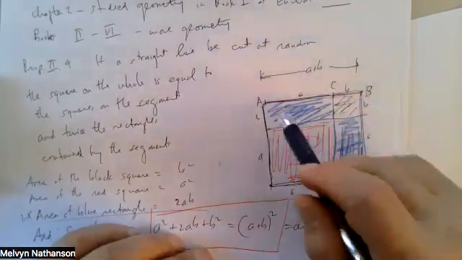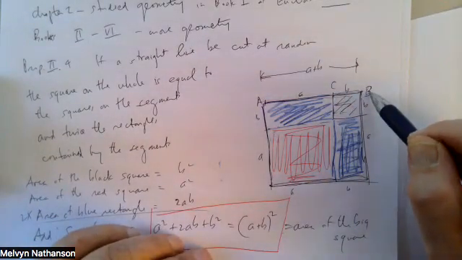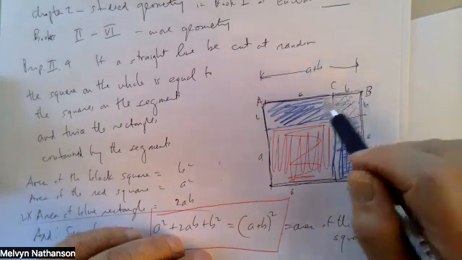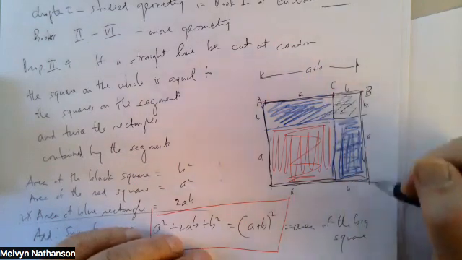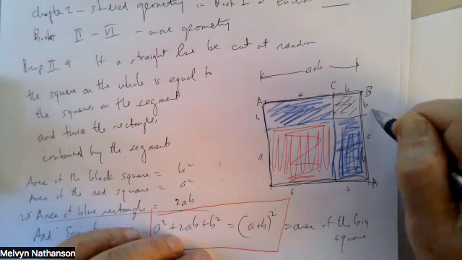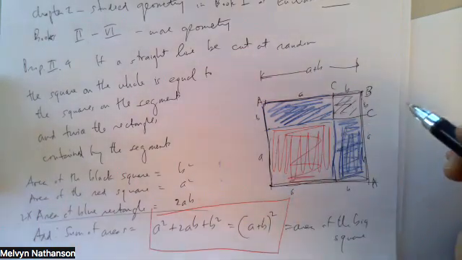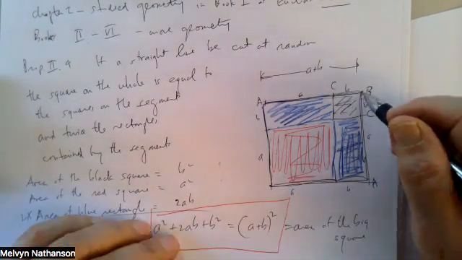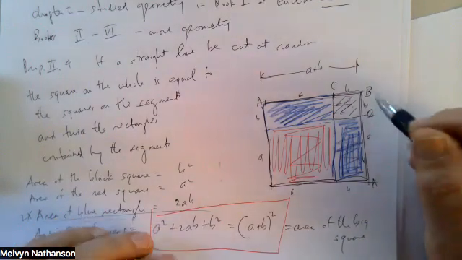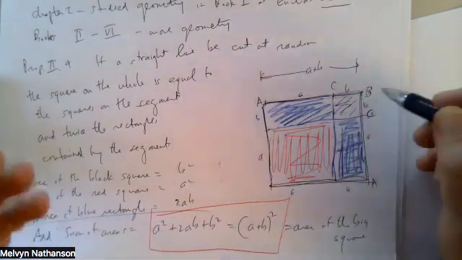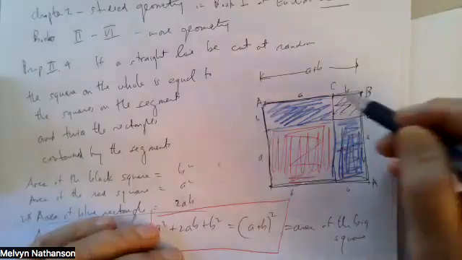So if the line segment AB is divided into two pieces by the point C, you do the same thing on each side. Because the total length of each side is the same, it's a square.